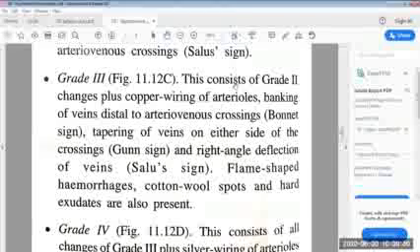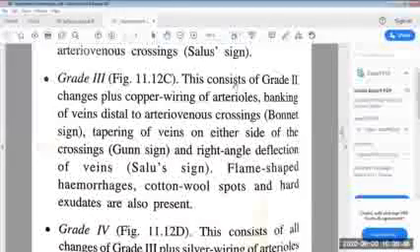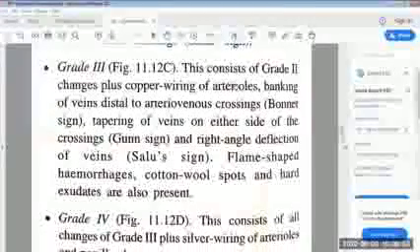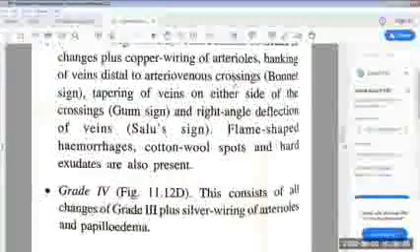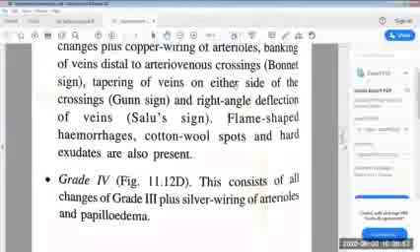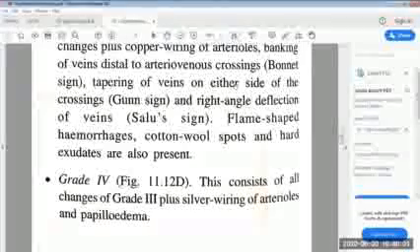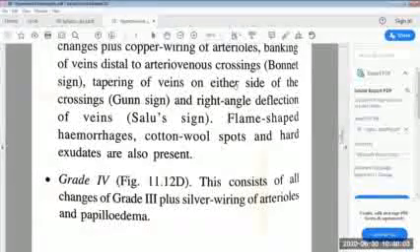And right angle deflection of veins is called the Salus sign. Flame-shaped hemorrhages, cotton wool spots, and hard exudates are also present. Then grade 4 consists of all the changes of grade 3 plus silver wiring of arterioles and papilloedema.